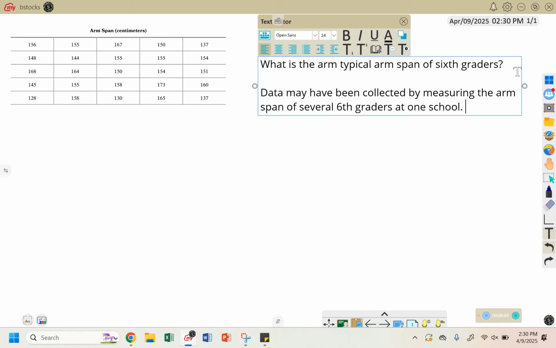We also need a dot plot or histogram that displays the data set and includes the title and labeled axes.